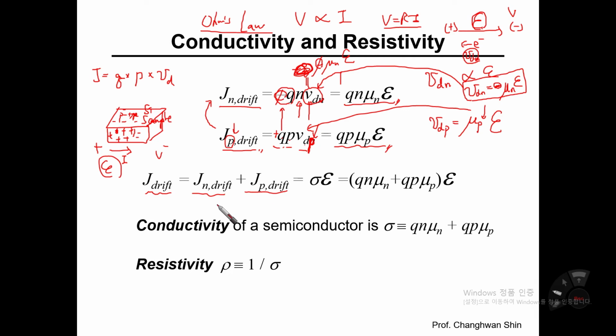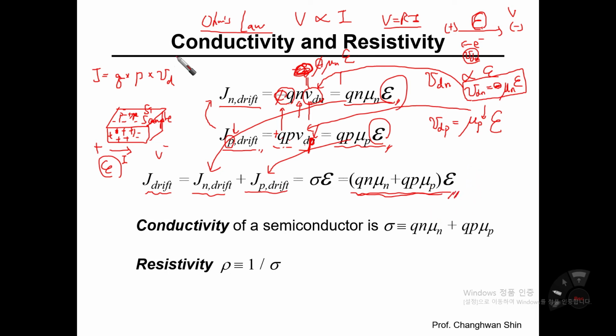Then plug in here and there, and you're going to write down this equation. The electric field is the same and common, so we can write the equation in this shape: Q n mu n plus Q p mu p, times electric field.